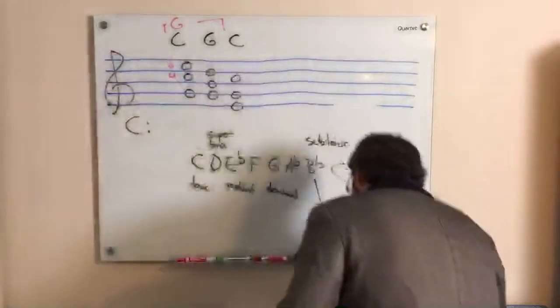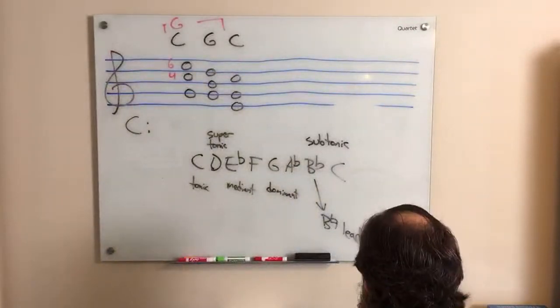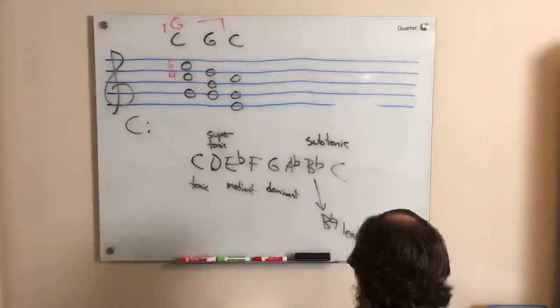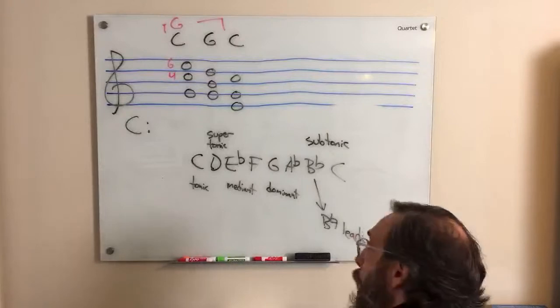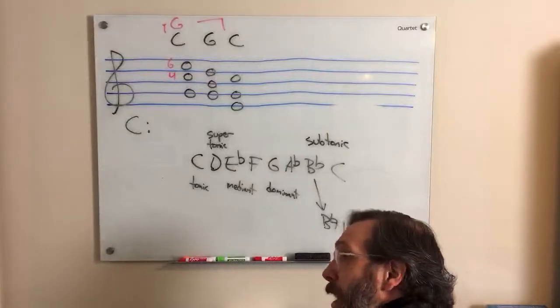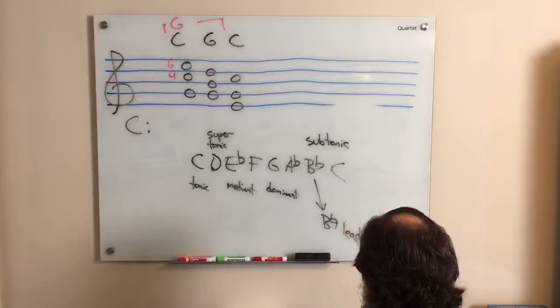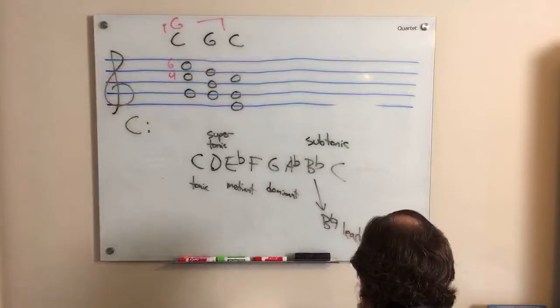Now the second part of the question is, how does it function? Well, it functions as a way to lead us down. So this would be a minor 5 chord with the subtonic in the bass, minor 5 chord, 4/6.